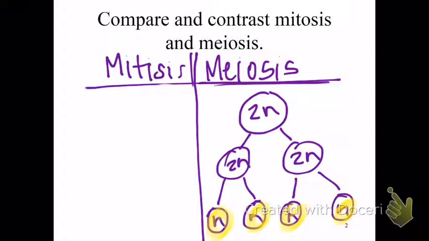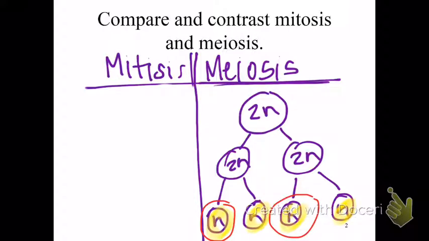It makes difference. My sister and I have the same mom and dad, yet we look different. We act different. And that's because, for example, I got this one, and my sister, she got this one. So we got different pairs. I got a different shuffle of my mom's, and she got a different shuffle of my mom's.